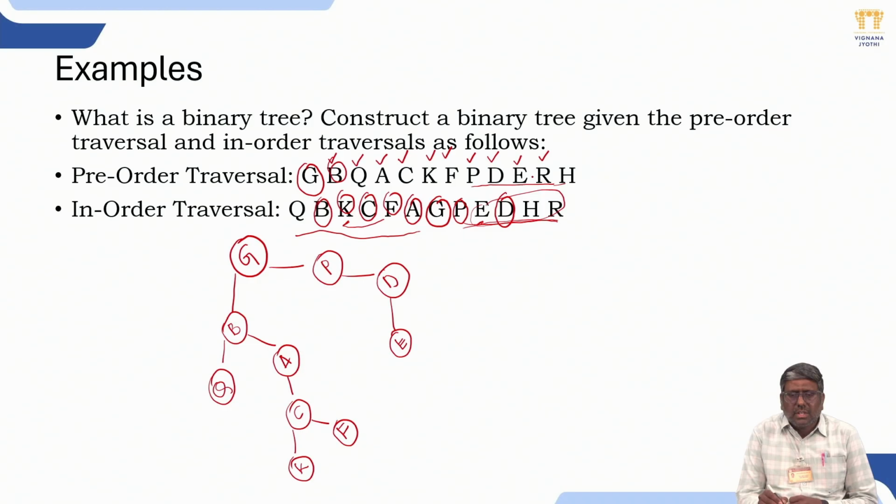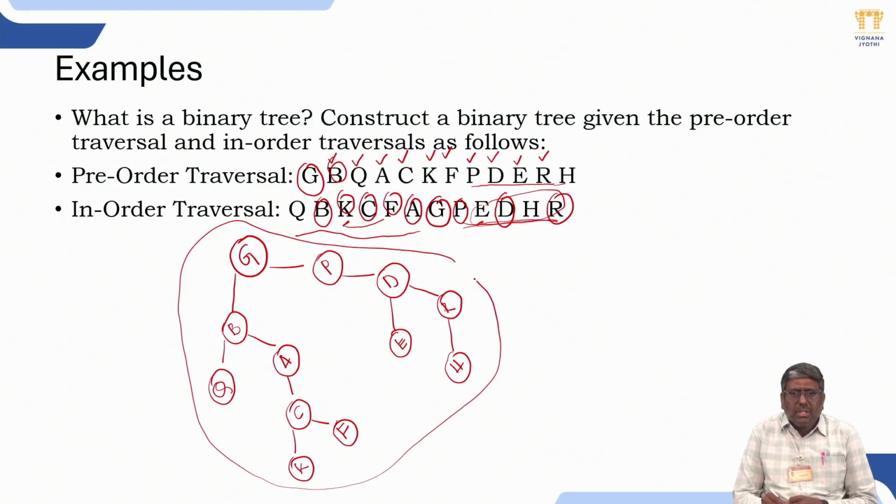In the pre-order traversal, R will come first, so R is the immediate right child of D. Okay, so locate R in the in-order traversal, and the position of H with respect to R is that H is at the left side of R, so H is the left subtree of R. So in this way we can construct the binary tree by using the given in-order and pre-order traversals.